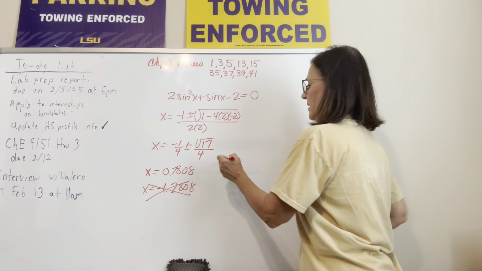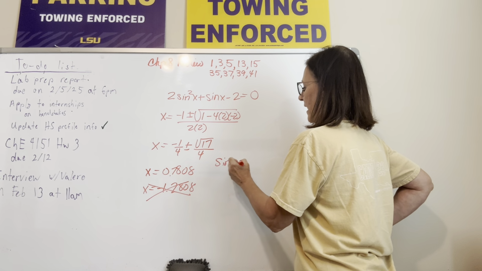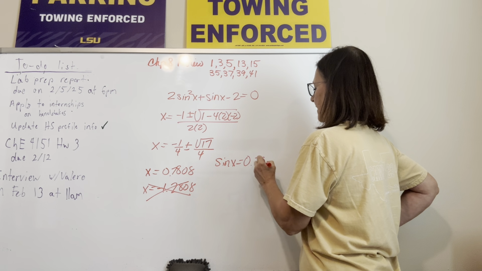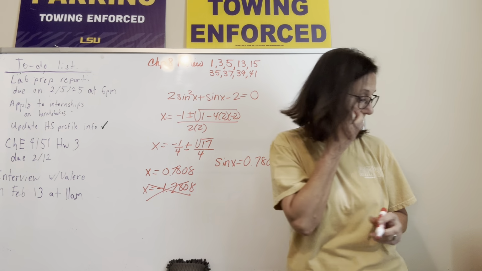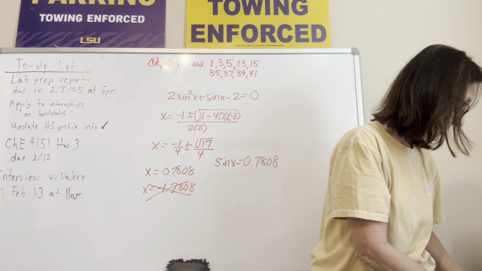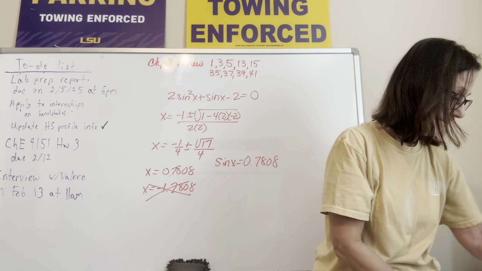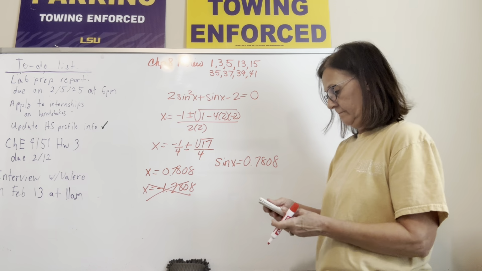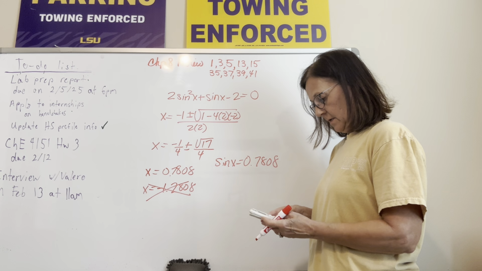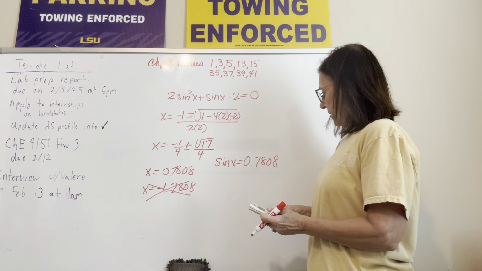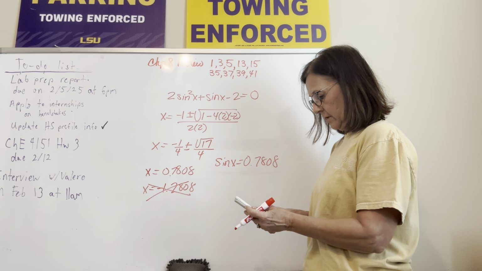So now we have sine x is 0.7808, and now I just do inverse sine of 0.7808.